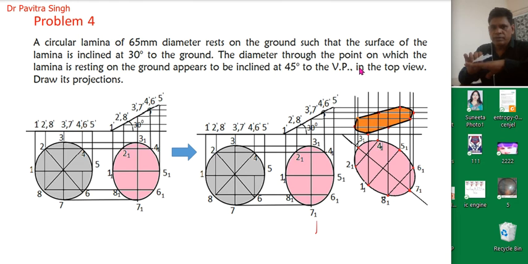Again, it is inclined 45 degrees with the vertical plane, like this. So you can see this surface in the final projection. This is our solution figure. I have drawn this stepwise.